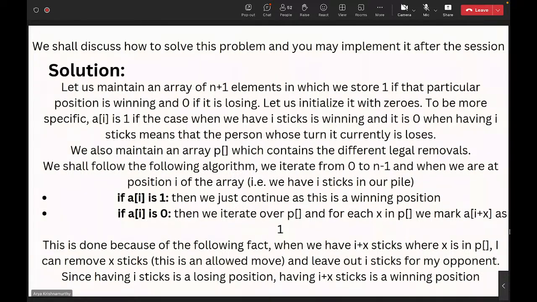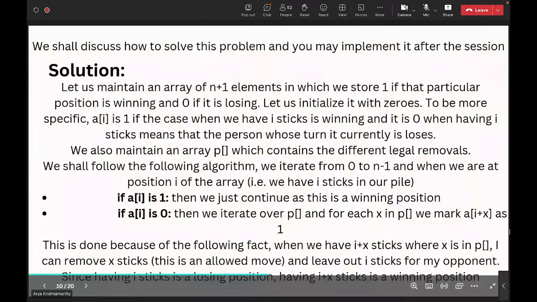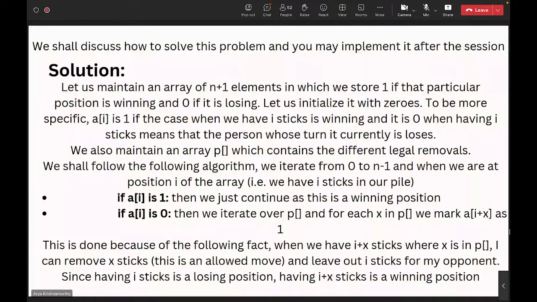The fact that A of I is 0 means that we have already processed that state and declared it a losing state. So, as this person can make a transition to a losing position, the person whose turn it is when there are I plus x sticks will win. So this I plus x sticks is a winning position. That's why we mark A of I plus x as 1.